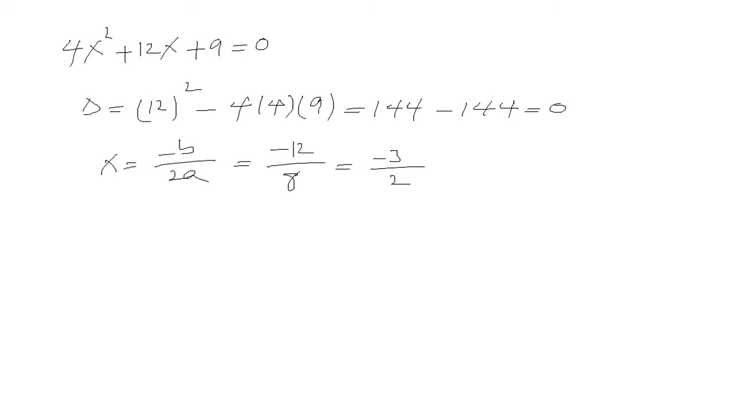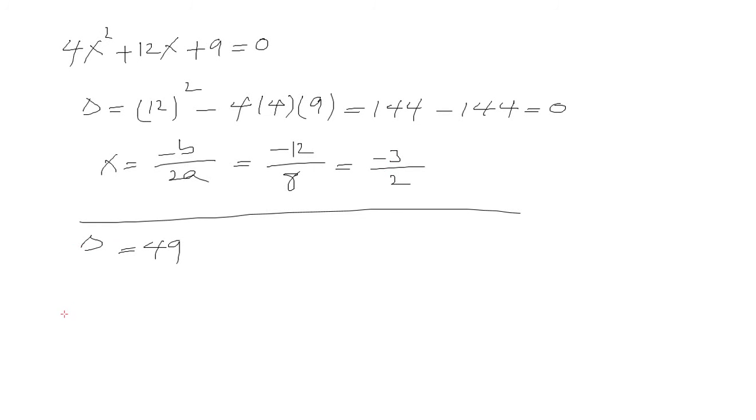So notice that in the first example, delta was 49. And since 49 is a perfect square, we had two rational answers.